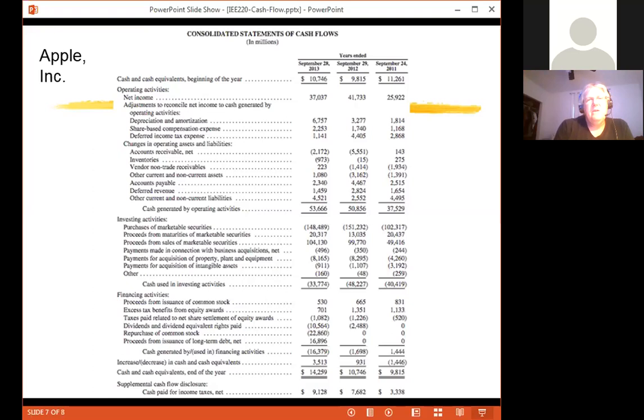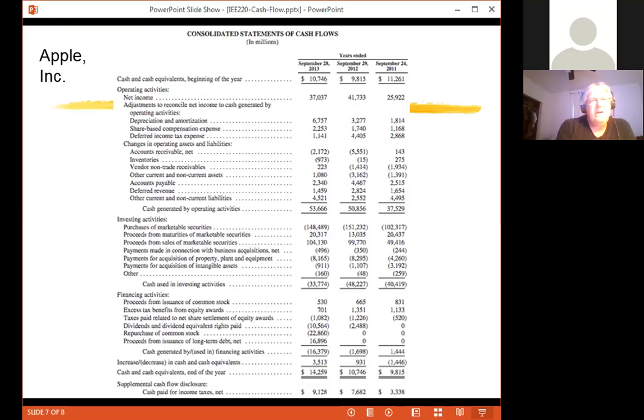And then some of their securities might be bonds, so they lent people money, and so they're getting money back when those bonds are paid back with interest. So these are the kinds of things that they might do from an investing standpoint. You can see that they did spend $33 billion that particular year. And they had that 53 coming in and 33 going out.